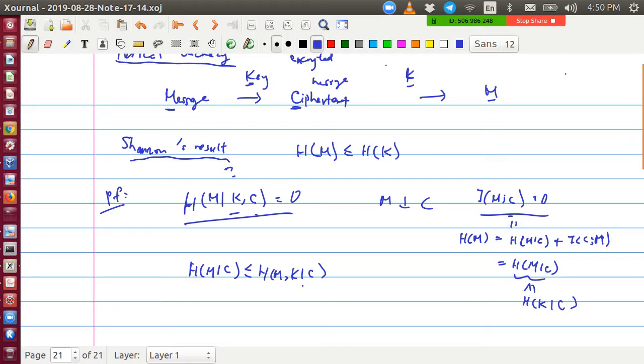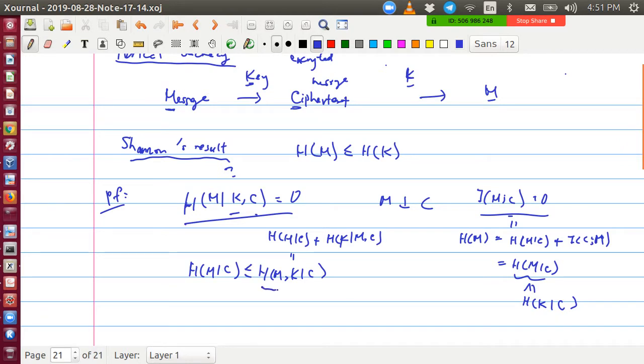This is very reasonable, because H(M,K|C) is just equal to H(M|C) plus H(K|M,C), right? Here we assume everything is discrete, so H(K|M,C) is positive, therefore H(M,K|C) is bigger than or equal to H(M|C).